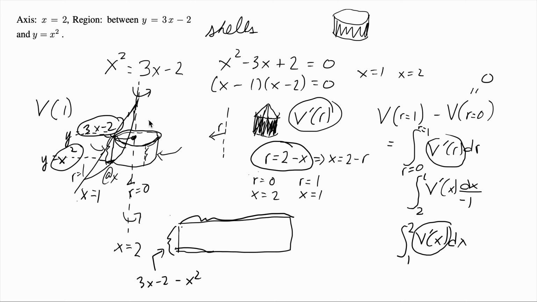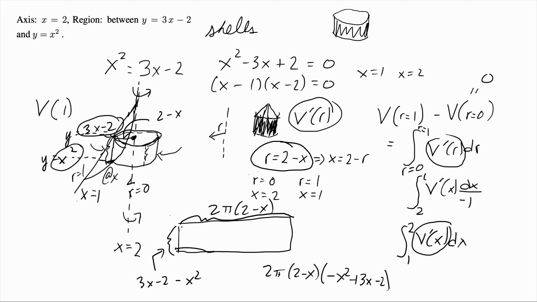And then you simply take 2 minus x as the radius and think 2 pi times that. So we get 2 pi times 2 minus x. So that is the length right there, and that is the height right there. You multiply those two together, and we get 2 pi times 2 minus x times this, which we can rewrite as negative x squared plus 3x minus 2.